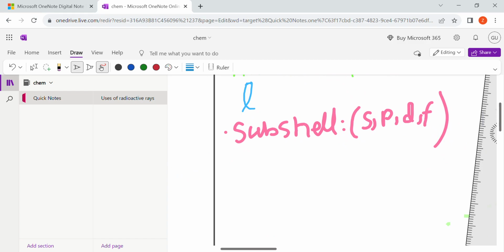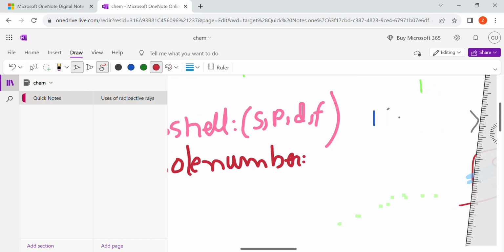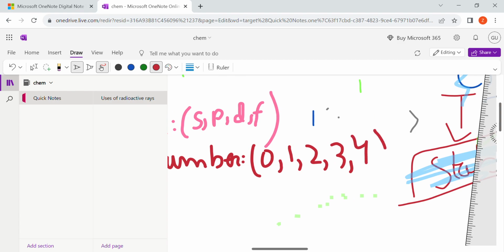Alright, now as we have discussed, the principal quantum number starts from natural numbers, but these numbers start from whole numbers. And what are whole numbers? You might have studied in your lower classes that whole numbers start from 0. So we would have 0, 1, 2, 3, and 4.